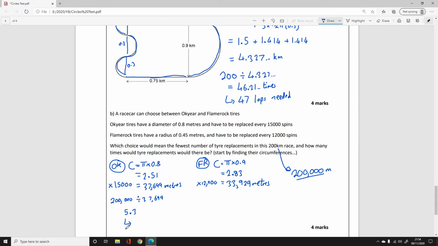So it needs to be replaced at the end of every one of those. Actually, yeah, so 5 tire replacements, wouldn't it be? Yeah, because you've still got your original tires on. So we kind of round down on this one.